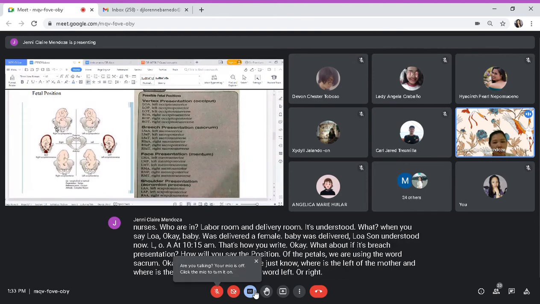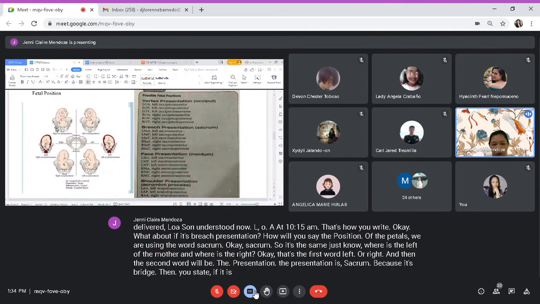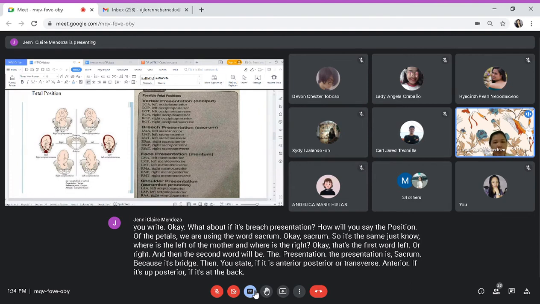The second word will be the presentation, which is sacrum because it's breech. Then you state if it is anterior, posterior, or transverse. Anterior if it's up, posterior if it's at the back, and transverse if it's on the side.